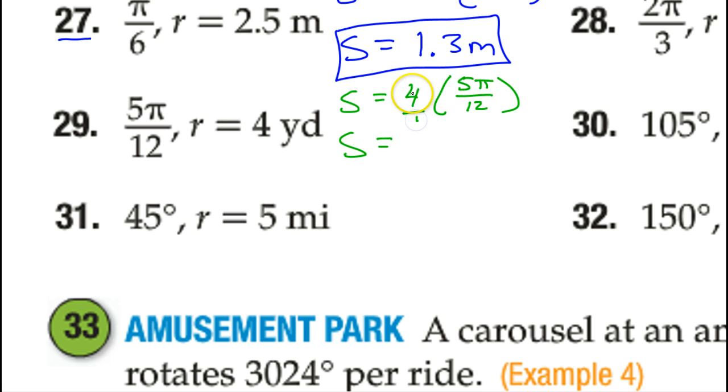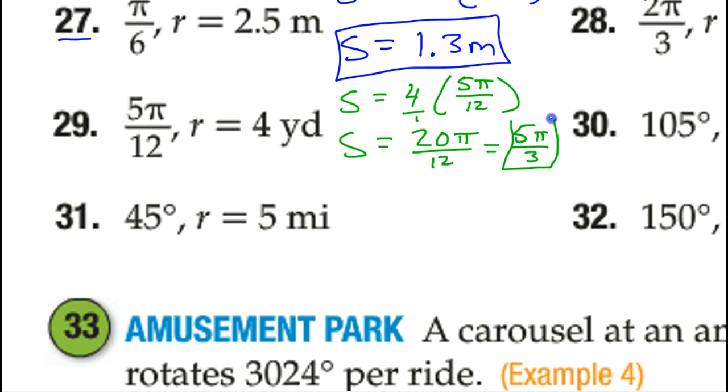This is like 4 over 1. So 4 times 5, of course, is 20, so I've got 20 pi over 12, and that's going to reduce down to, let's see, both of these are divisible by 4, so that's going to be 5 pi over 3.